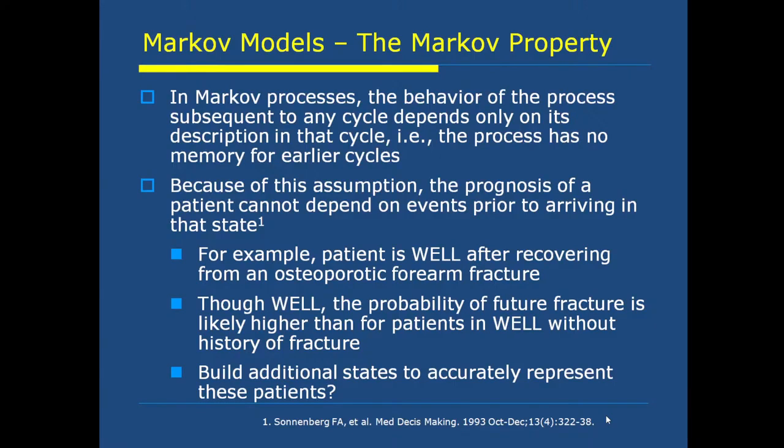For example, patient is well after recovering from an osteoporotic forearm fracture. Though well, the probability of future fracture is likely higher than for patients in well without history of fracture. Build additional states to accurately represent these patients.